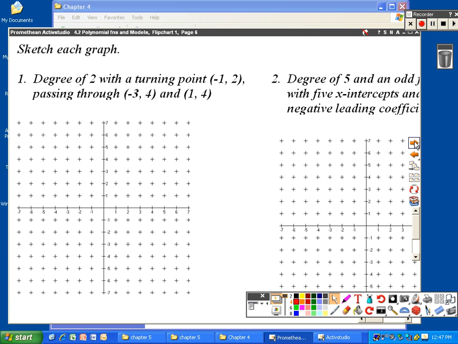Now we want to sketch the graphs. A degree of 2 with a turning point of -1, 2. So let's plot that turning point, -1, 2. Passing through -3, 4. I'm going to change the color of my passing through points.